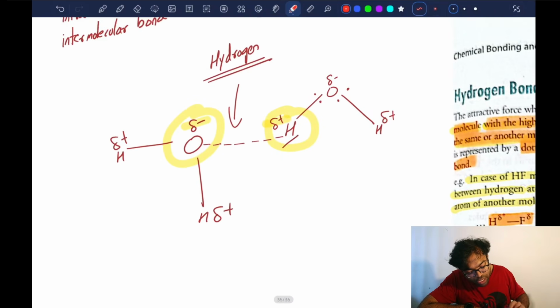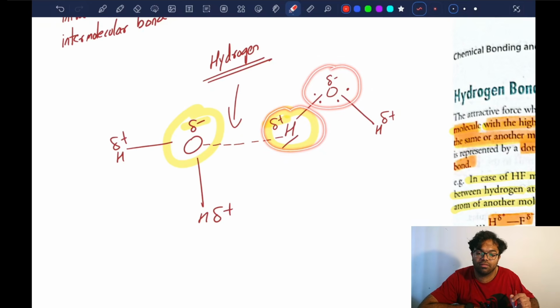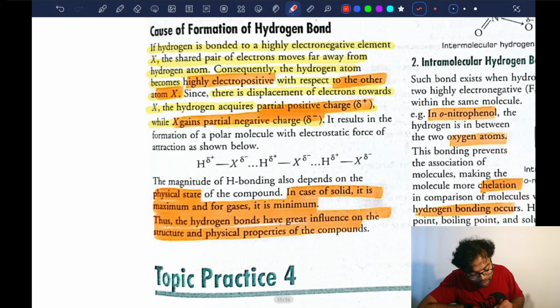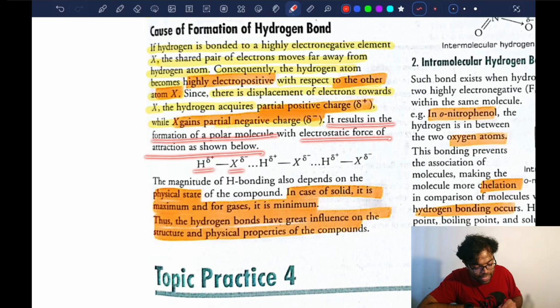So there is an electrostatic force of attraction between two atoms of two different molecules because of the presence of an electronegative element next to a hydrogen atom. So this is H, X, H, X, H, X.